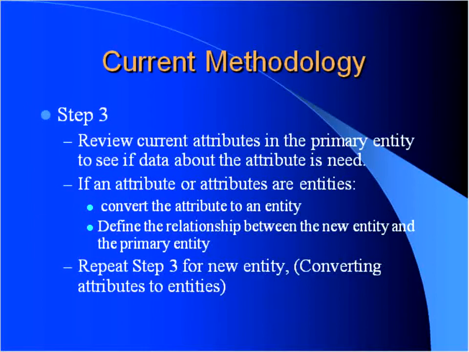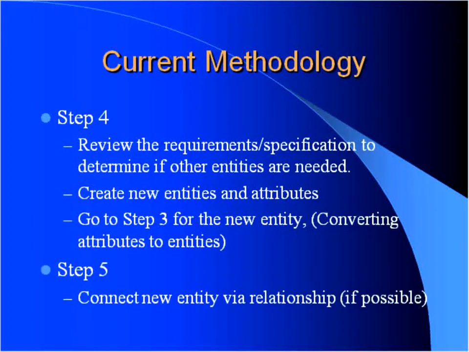So we look at all the attributes in the entity and see if any attribute needs data stored about it. If it does, then we pull that attribute out and make it an entity. If an attribute or attributes are entities, convert the attribute to an entity, define the relationship between the new entity and the primary entity, and repeat step 3 for the new entity.